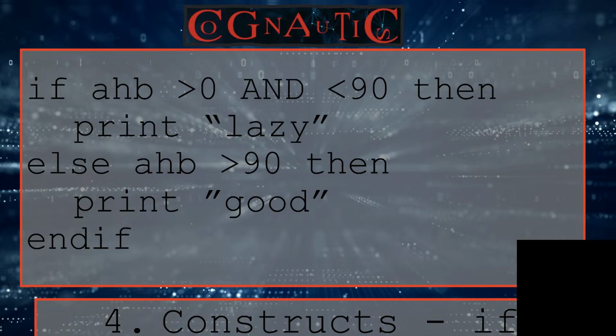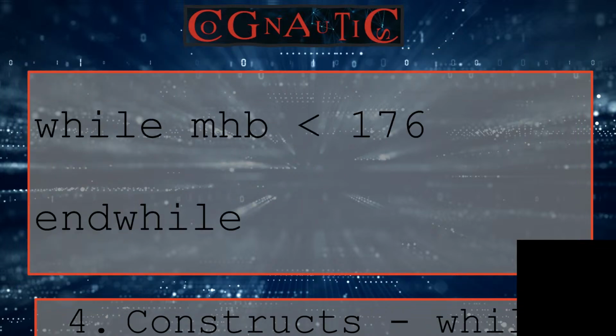And that's if the heartbeat is very high, then we stop the program running and we call for medical help. We're going to use the while loop for this. So while MHB, maximum heartbeat, is less than 176, run the code. In other words, if you put this piece of code very early on, it means you're going to run that selection, you're going to run the if statement, really happily until it hits 176.